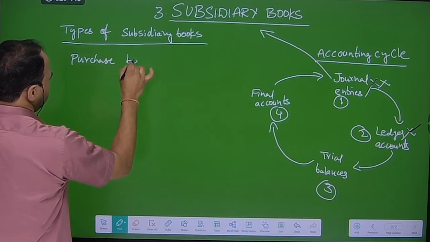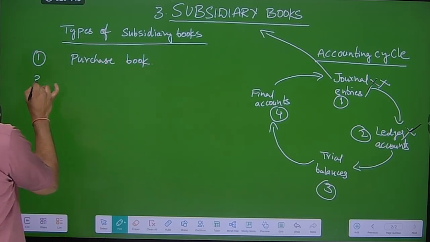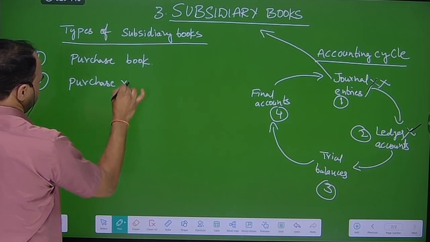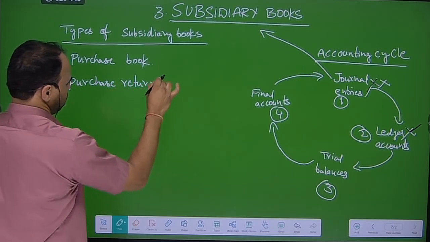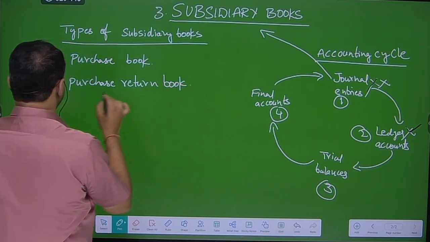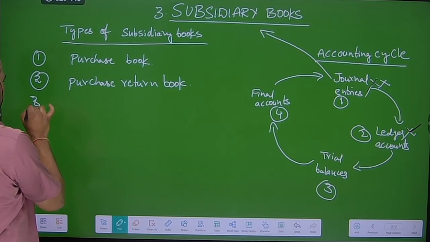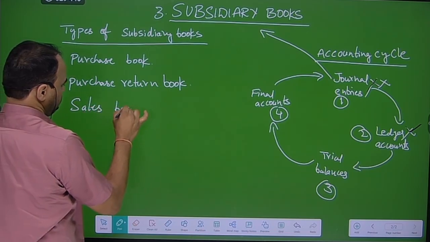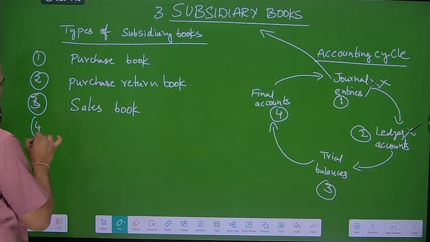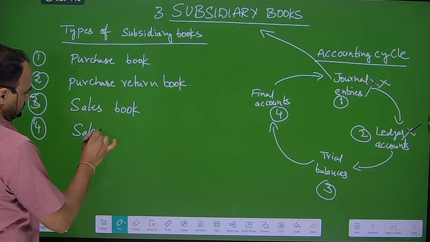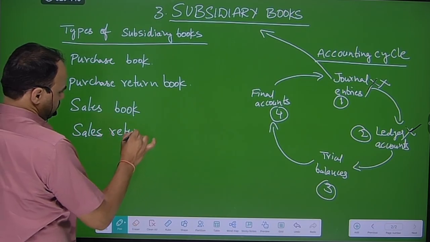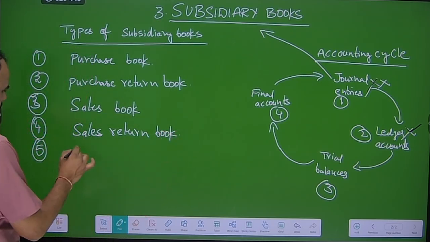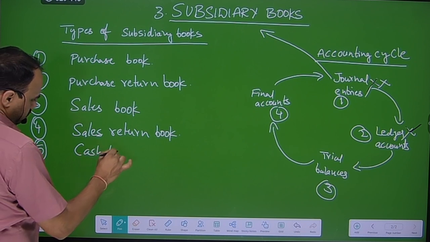one purchase book. Second one purchase return book. Next, third one sales book. Fourth one sales return book. Fifth one cash book.